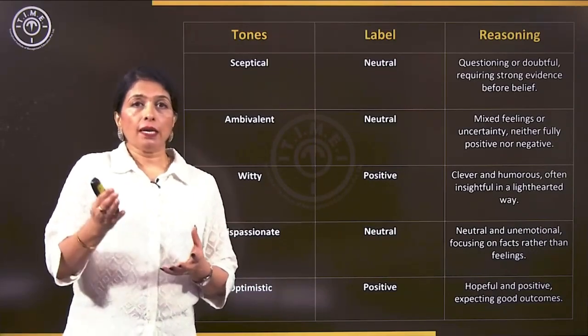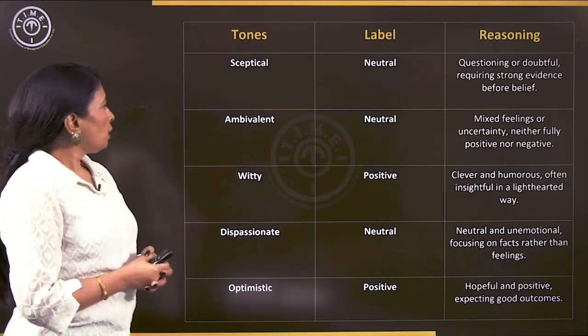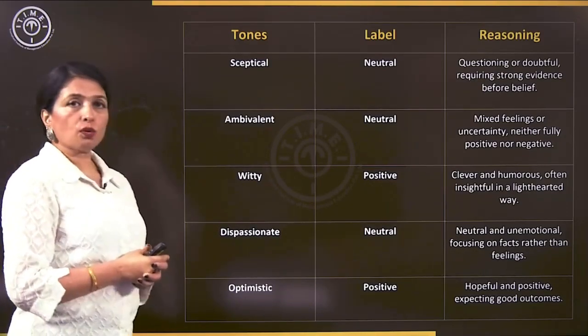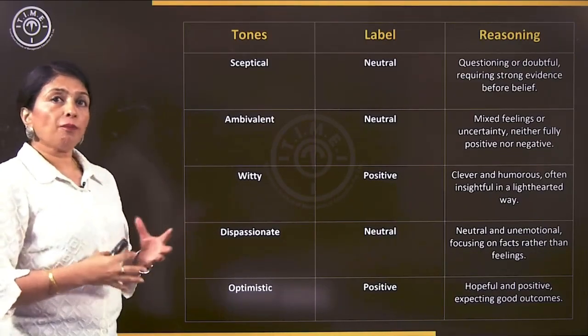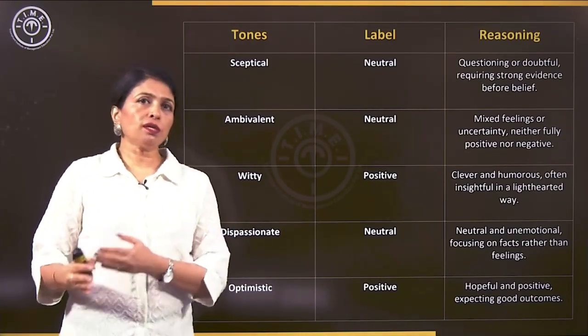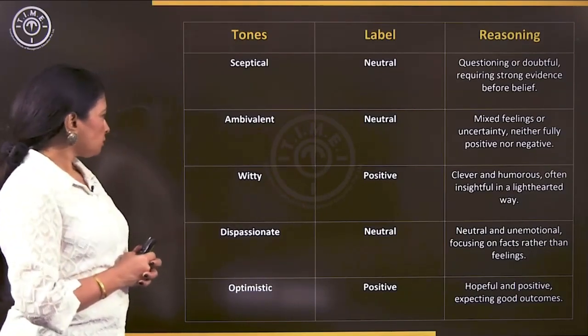So, that is why it hangs in between and it's considered to be a neutral tone. We have ambivalent, and this adjective also conveys neutrality because it is reflective of mixed feelings or uncertainty, which is neither totally or absolutely positive nor totally inclined towards negativity.